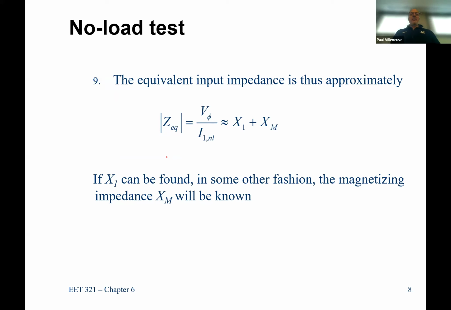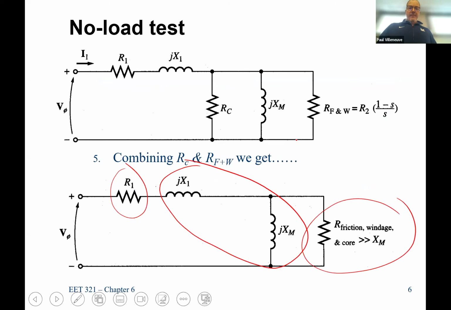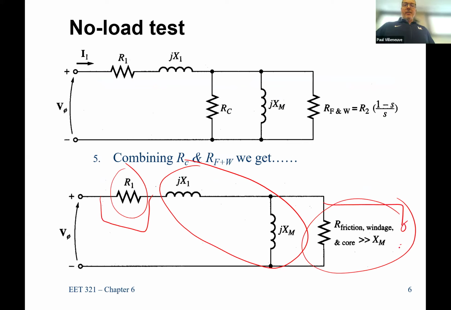So our equivalent impedance, we're just going to approximate it. We're going to say R1 is so much smaller than X1 plus XM, and the core losses are also so much smaller than that value. Then we're going to assume that this is equivalent to a short circuit, and this is equivalent to an open circuit.